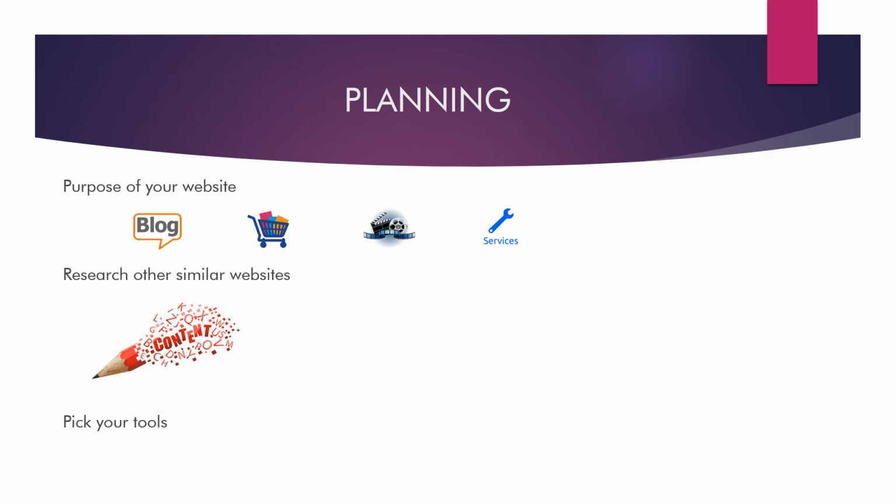Now let me explain what a static website is. Static websites are built upon HTML and CSS, which are the tools you will pick to build your static website, along with a little bit of jQuery, which is JavaScript.